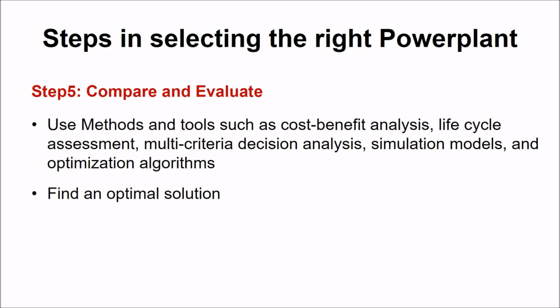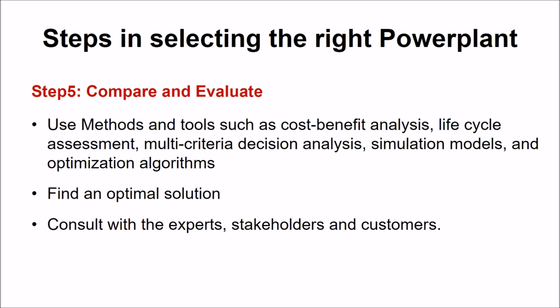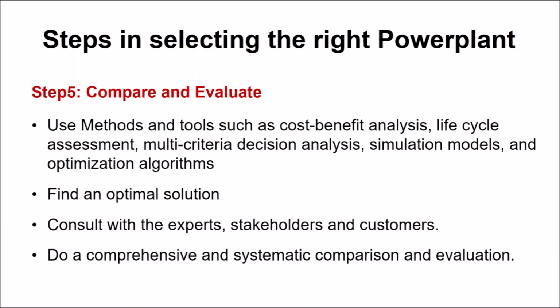You can also consult with experts, stakeholders, and customers. By doing a comprehensive systematic comparison and evaluation, you can ensure that you choose the right power plant for your project and achieve the best results.